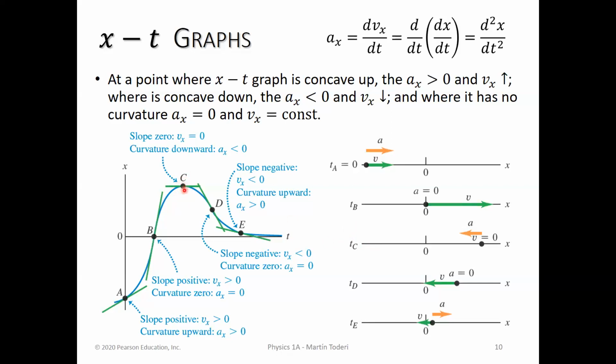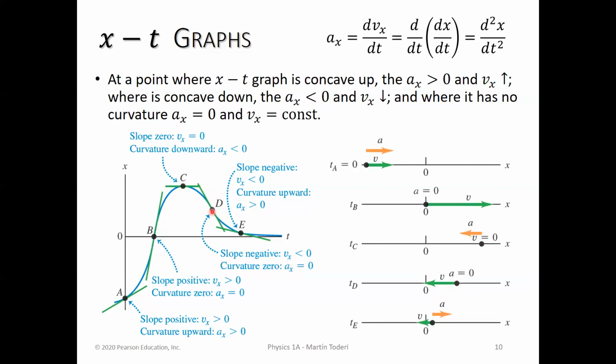So when we reach C, we're gonna have velocity 0, because we can see this is horizontal, but we're gonna have acceleration because there is a curvature here. So if we graph velocity against time, this is not gonna be a horizontal line, right? And then we keep going until we reach acceleration 0. So we can say that the curvature there is 0.